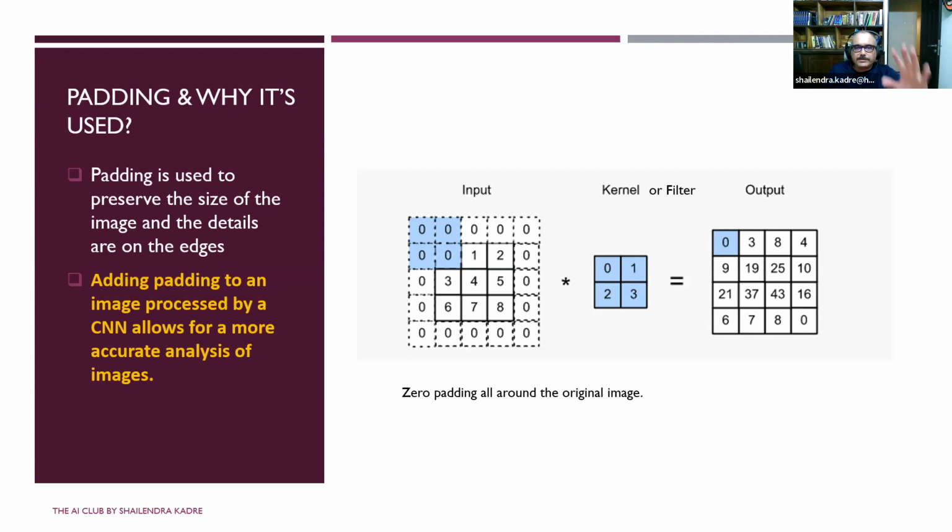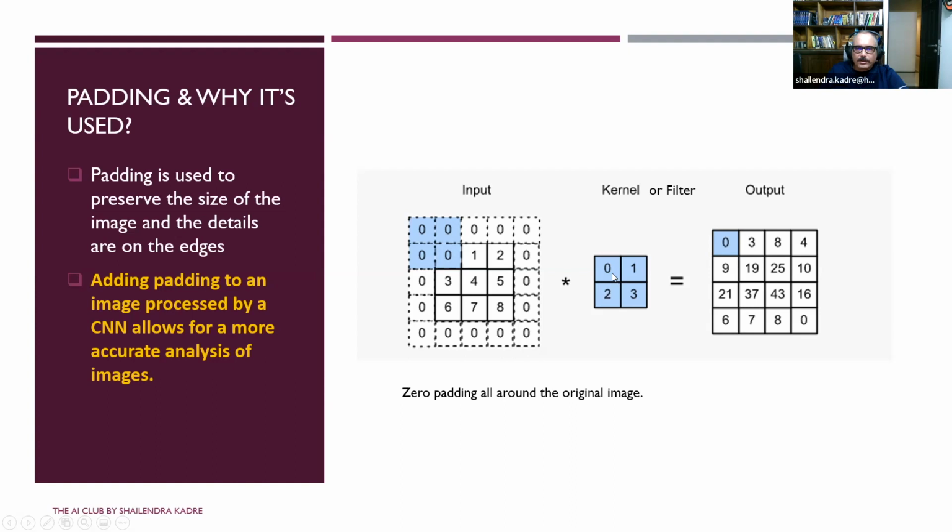Now what happens, you see in the leftmost figure, in the center there is a 3 pixel by 3 pixel image. And there is a 2 pixel by 2 pixel kernel or filter, whatever we call it.